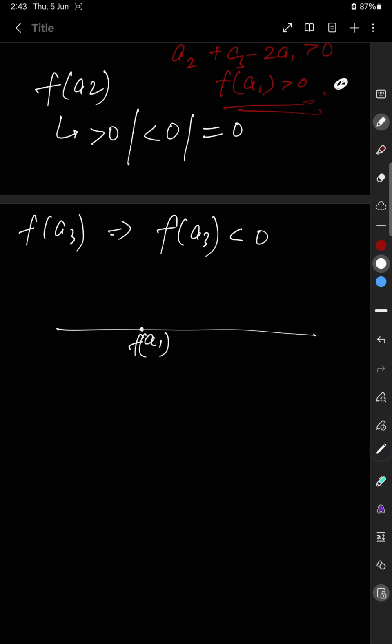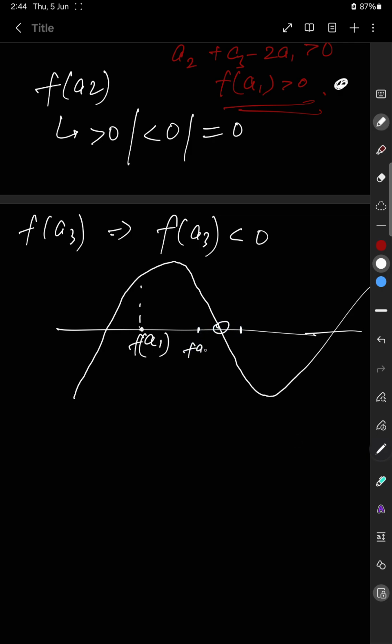This is the value, it is positive, and from negative infinity it will rise from negative, and here it is not a local maxima, so somewhat like this. We cannot conclude about this point. f of a2 can be here or here, but f of a3 would be here somewhere.